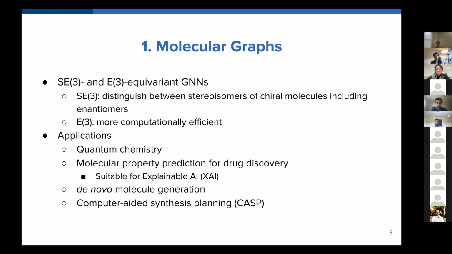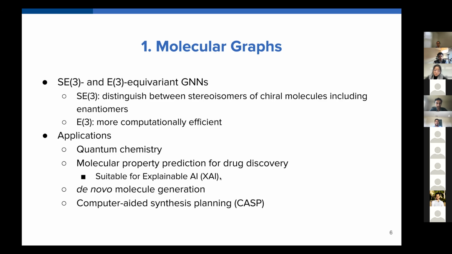Some common applications of molecular graphs include quantum chemistry tasks, such as predicting quantum chemical forces and energies for equilibrium. We also use molecular graphs for molecular property prediction for drug discovery. Here we note that GNNs, or molecular graphs, are particularly suitable for explainable AI because we can interpret molecular properties based on the specific nodes and edges that we have in the graphs.